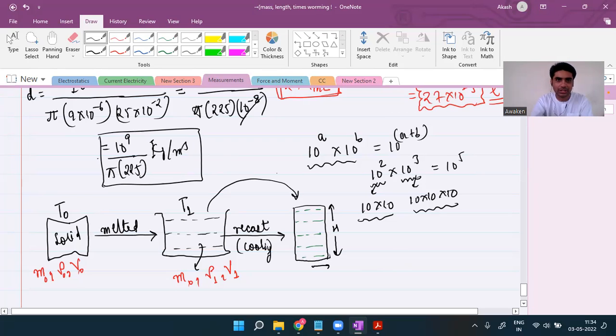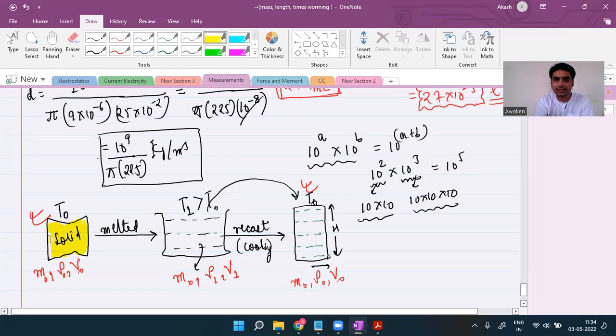So now, for example, if it is recast, and now the temperature again becomes T naught, the same temperature, so it will be the same substance. So then all the mass, density, volume will be the same. Although the shapes are different, the mass, volume, density, everything is the same.